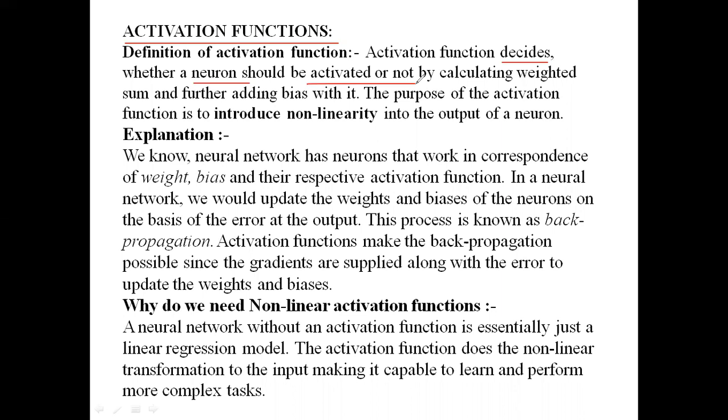It is going to decide whether the neurons in our ANN, artificial neural network, which is made up of neurons, should be activated or not by calculating the weighted sum and further adding bias to it, right?